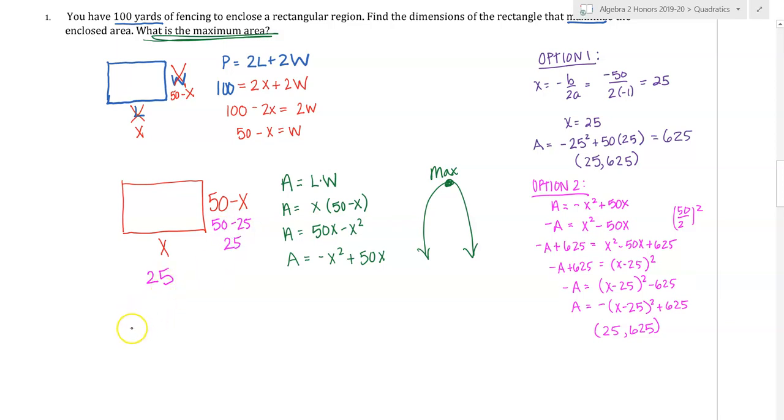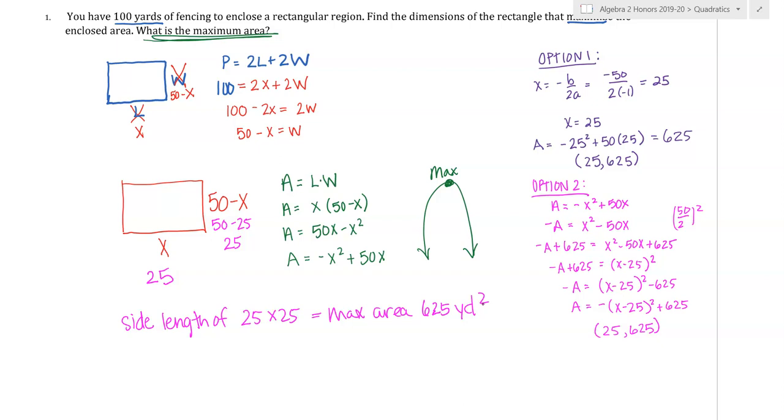So the side length of 25 by 25 would give a maximum area of 625 yards squared, or square yards. And that's true. A square is going to maximize area, but we're not always going to be dealing with the exact same rectangle or square or something like that.